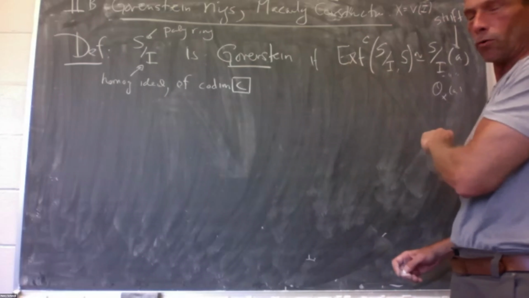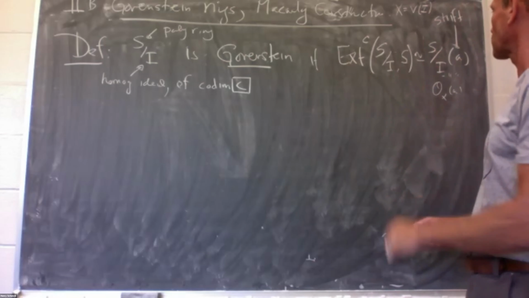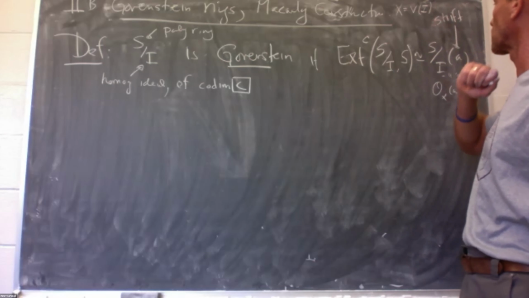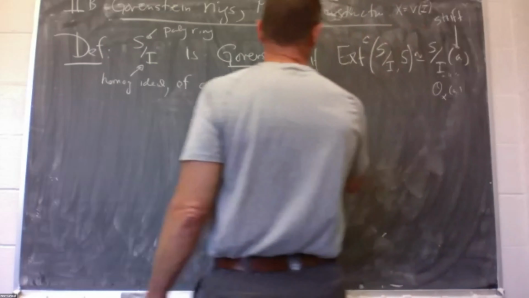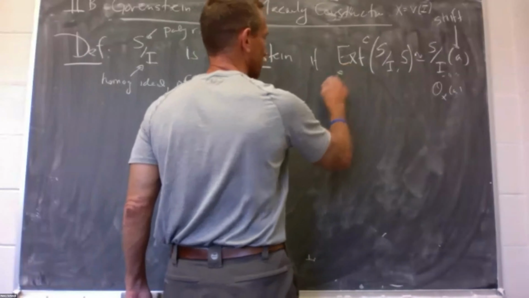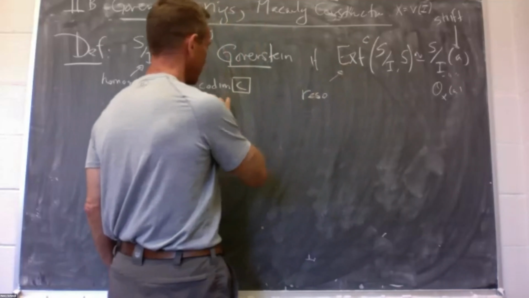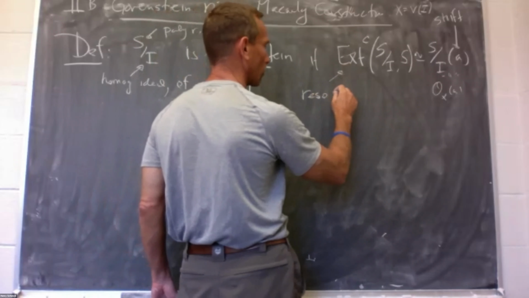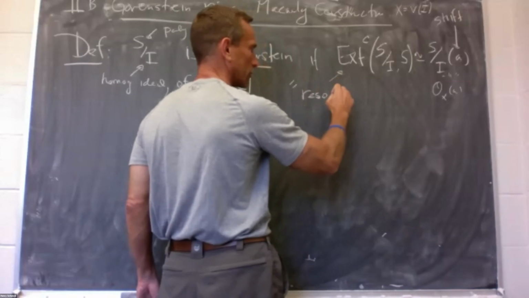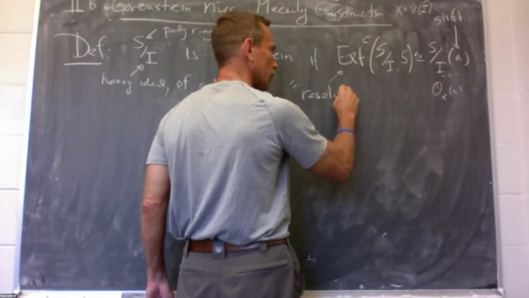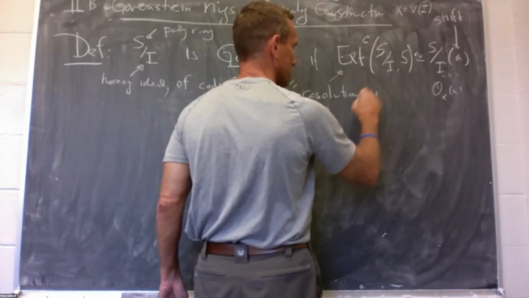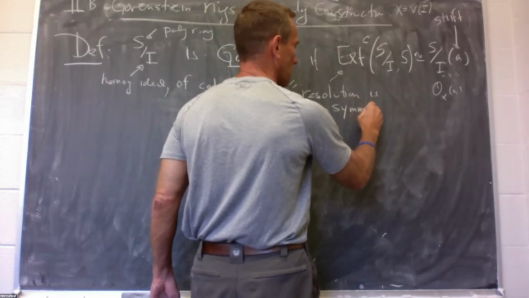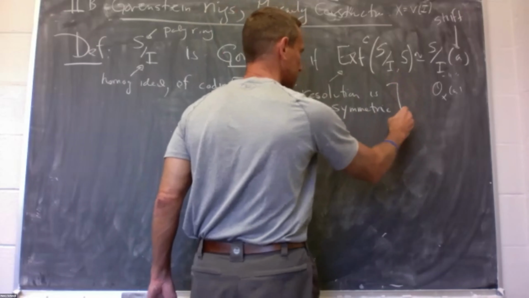This may leave you cold if you don't like Ext modules, or maybe you love homological algebra and it doesn't leave you cold. The point is, assuming that we're codimension C and Cohen-Macaulay, this says essentially that the resolution is symmetric.